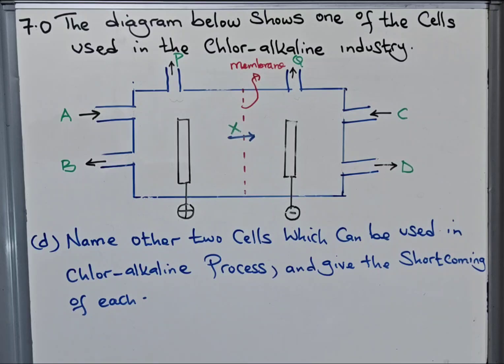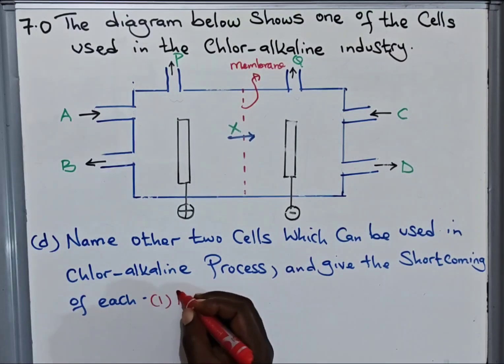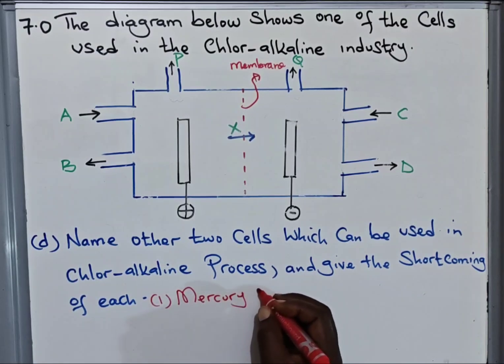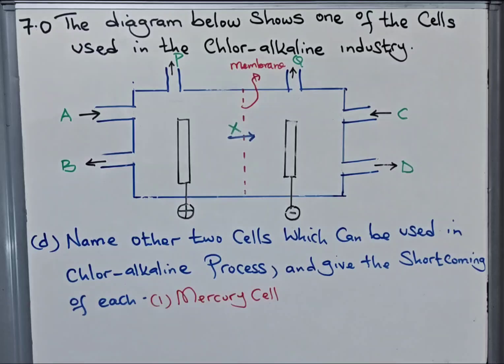In addition to membrane cell, which other two cells can we use in this chlor-alkaline industry? The first one is Mercury cell. And what are the shortcomings of Mercury cell? Mercury is poisonous. It affects the nervous system badly.